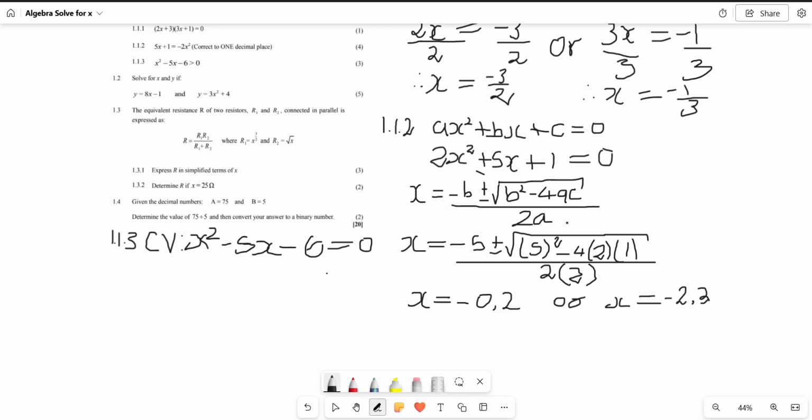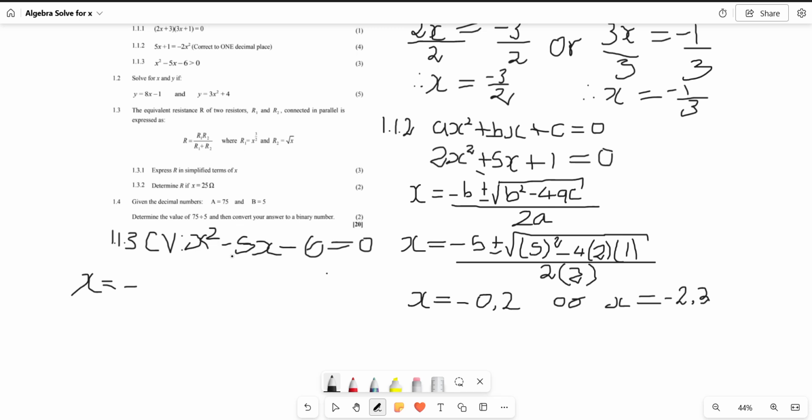Already here we have written our quadratic formula, and we are just going to substitute correctly. The quadratic formula says x is equal to negative b. The value of b is the number that comes before an x, in a nutshell, the coefficient of x.